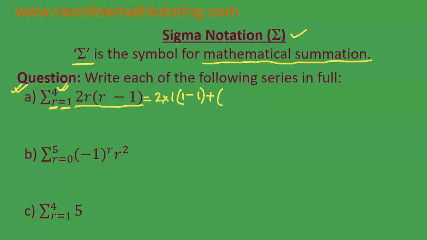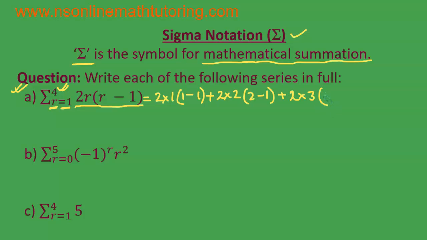Sorry, there will be the parenthesis, but before that, we have to write 2r, that is 2 times 2. And within the parenthesis, it is 2 minus 1. Next, r value is equal to 3. So, it is 2 times 3.